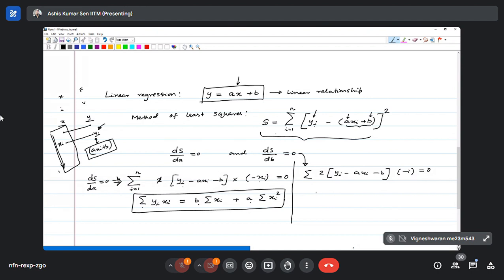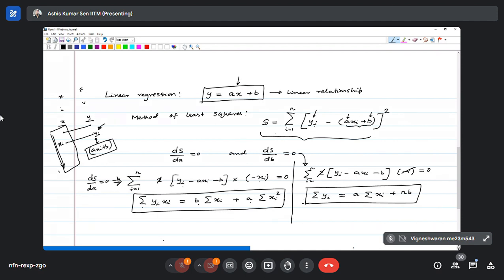So sum goes other side, becomes 0. So sum yi, I mean minus 1 also you can take other side, make it 0. So sum yi will be equal to a into sum xi plus b will be n times because this is i equal to 1 to n. So when you add n times, that will become n into b. So you get the second equation.